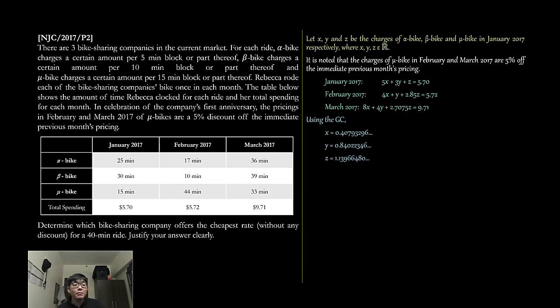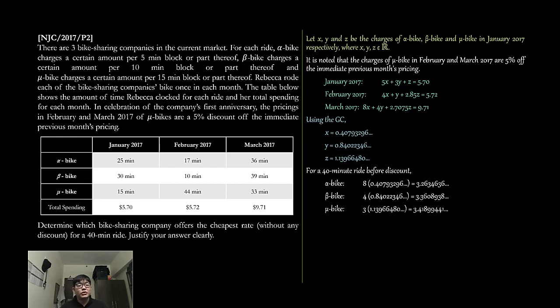While if you take Mu Bike, you have to pay 3 different parts. So for a 14-minute ride before the discounts, Alpha Bike is 8 times whatever x amount that we have found, Beta Bike is 4 times whatever y amount that we have found, and Mu Bike is 3 times whatever z amount is.